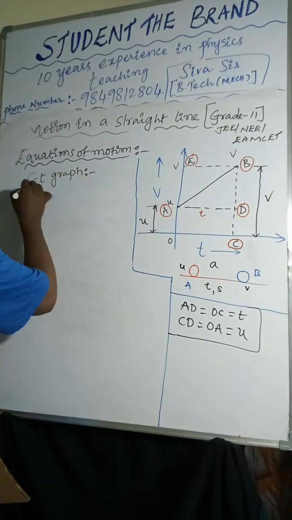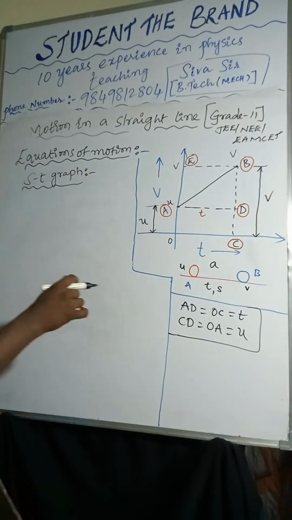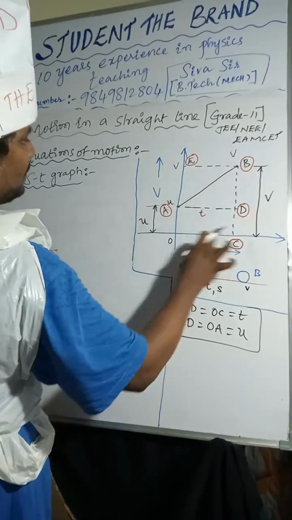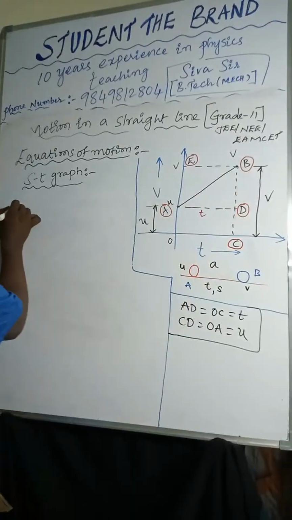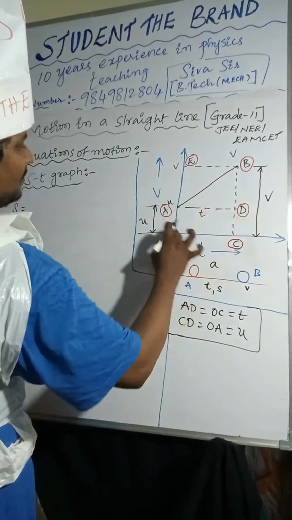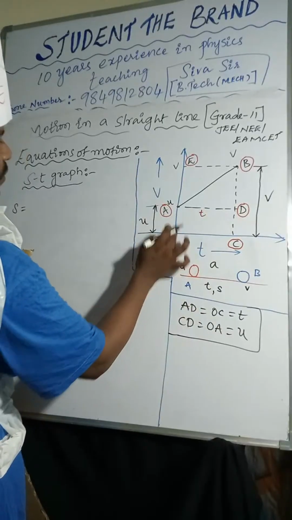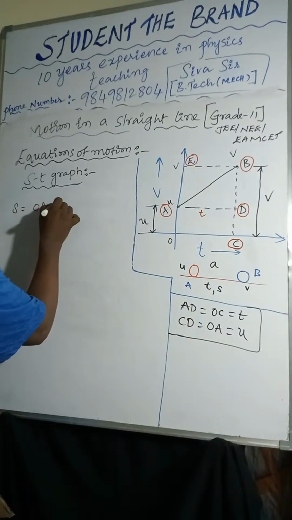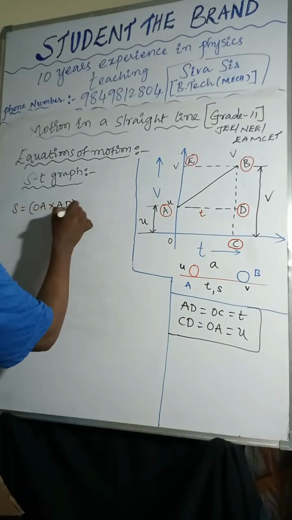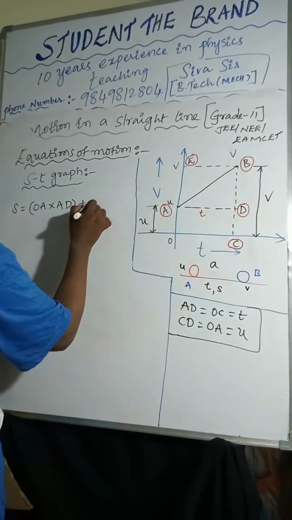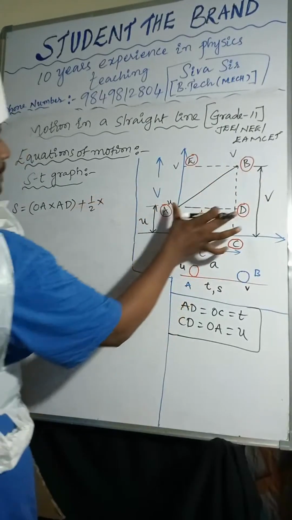The distance traveled by an object is the area under this graph. I am taking this entire portion as a trapezium. So S equal to, this is a rectangle, OA into AD, plus this portion which is a triangle, half into base into height.